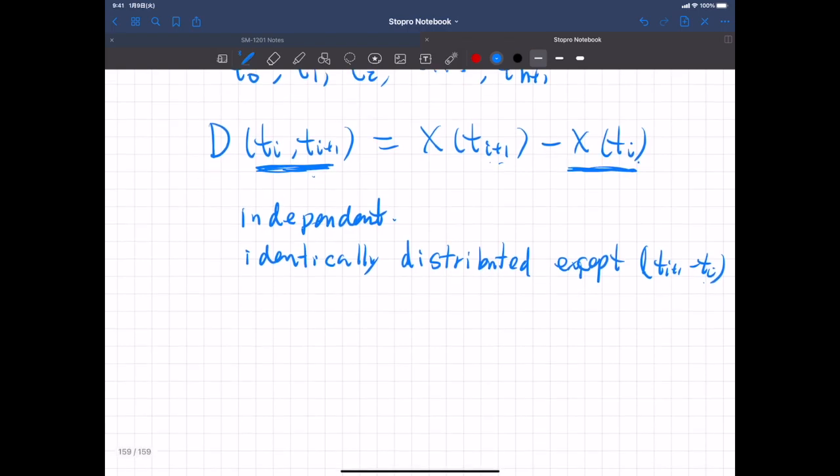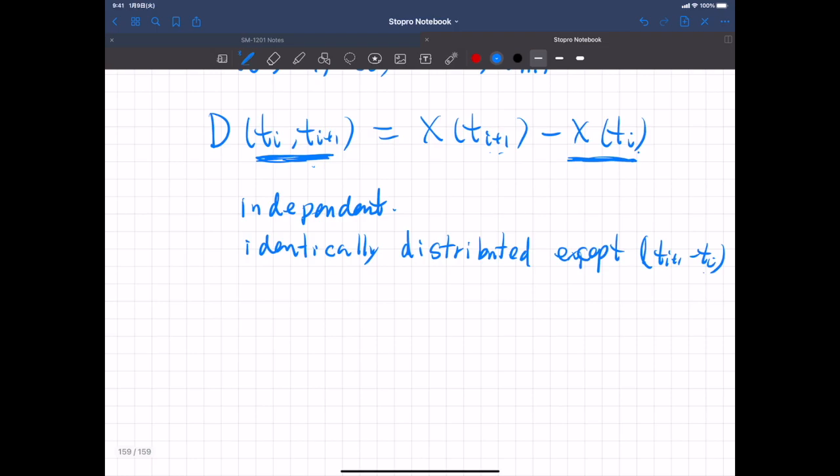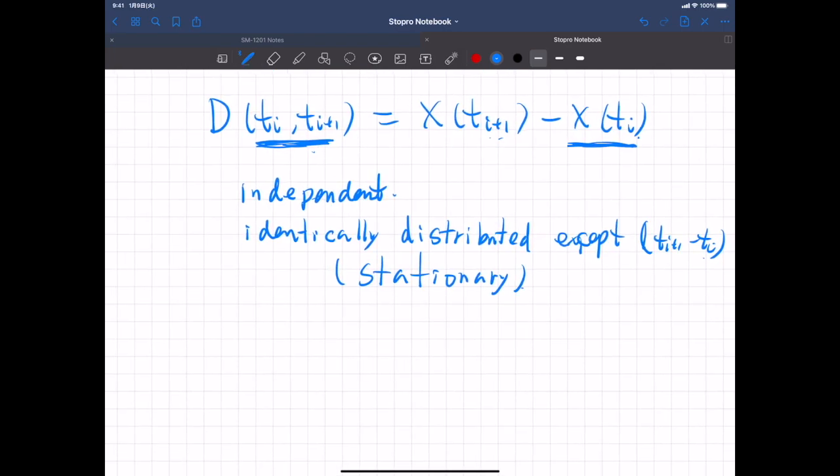And so this is a stationary property. So we call it stationary because at different time points they follow the same distribution.